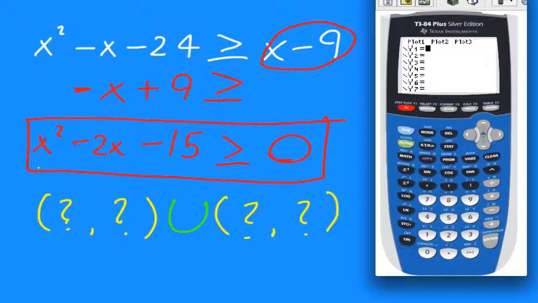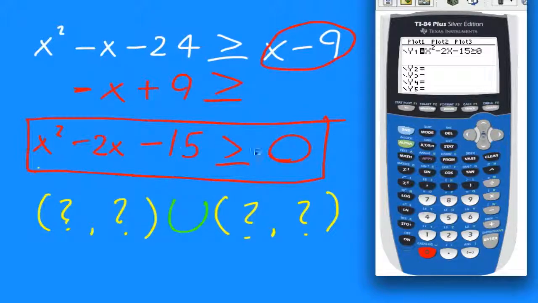First, we have to input this thing. So x squared minus 2x minus 15, and then you're going to go to second math and choose 4, which is greater than or equal, and 0.